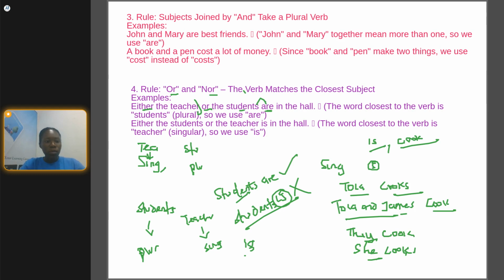All right, so we're moving to rule 5. Rule 5 is very similar to what we just did. It says there is versus there are.